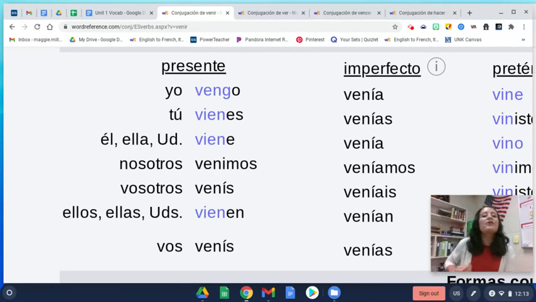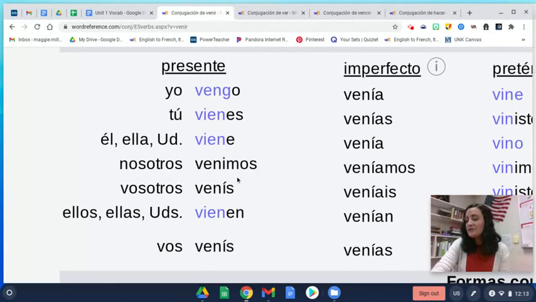Remember, in the present tense, there are just some verbs that get an irregular yo conjugation. Most of the time it's because of something with pronunciation, but we don't really need to know that. We just need to know this one has an irregular yo form. So it's vengo, then the stem-changing part: vienes, viene, venimos, vienen.